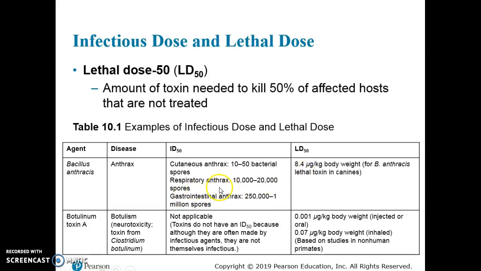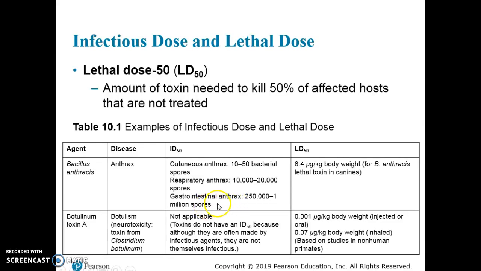Then there's respiratory anthrax. All right, here you need 10 to 20,000 endospores to actually be inhaled all at one time. It's not just 10 here and 20 days from now and 100 next month. All right, it's all at one time. And then there's gastrointestinal anthrax, where you actually have to ingest 250,000 to 1 million endospores.